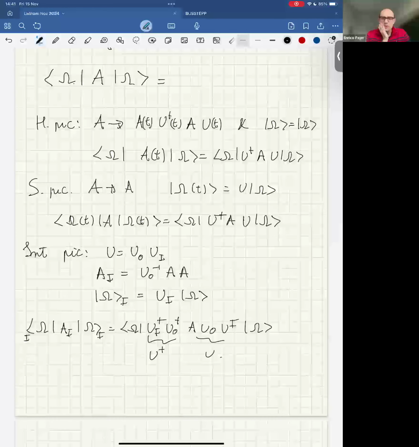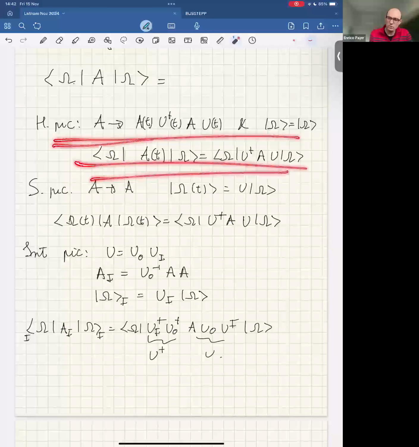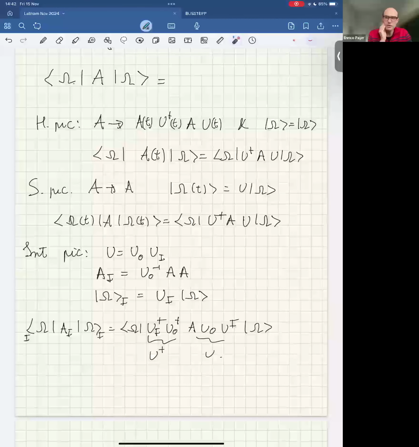So these pictures are just ways to organize your calculation. The Heisenberg picture is very useful when you do formal manipulations. The reason why we like it so much is because it makes Lorentz invariance manifest, so for calculations in Minkowski space it is very useful.